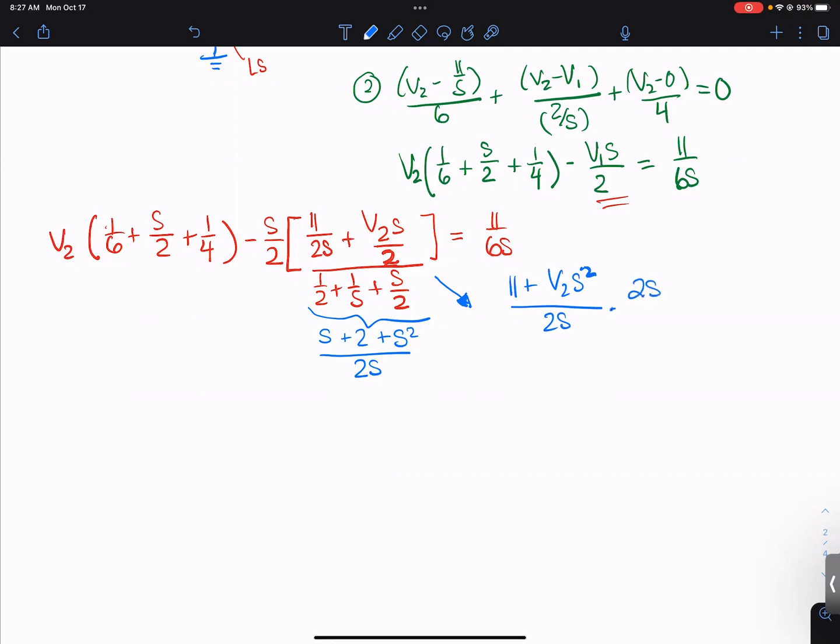So this becomes 2S over S squared plus S plus 2. So these are going to cancel.